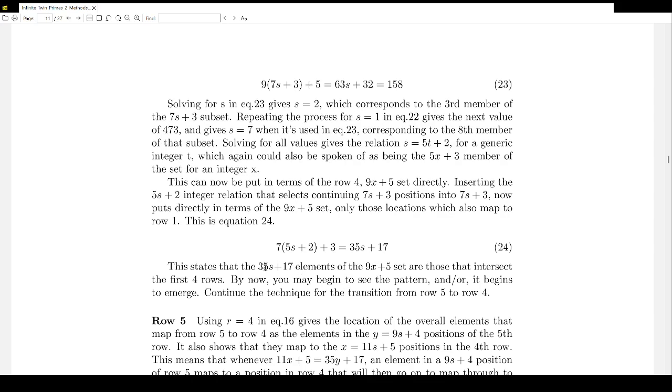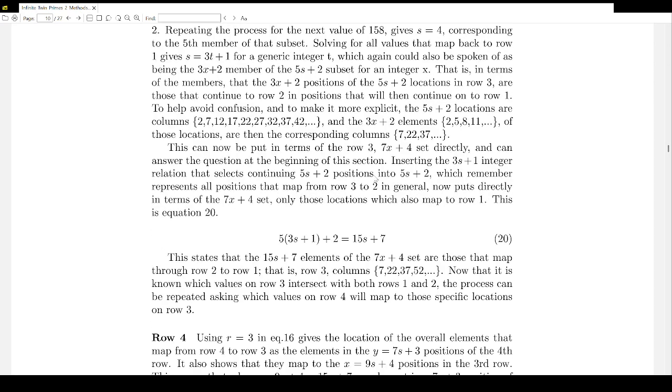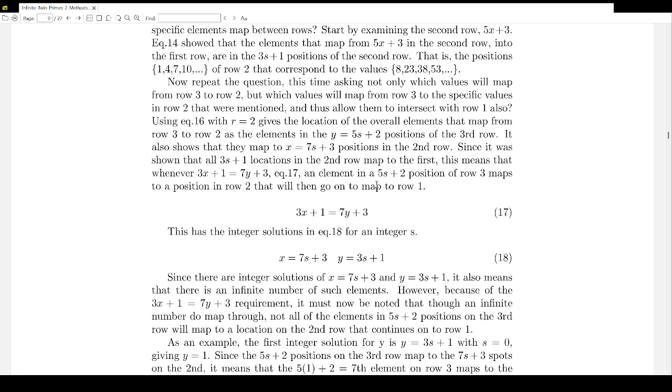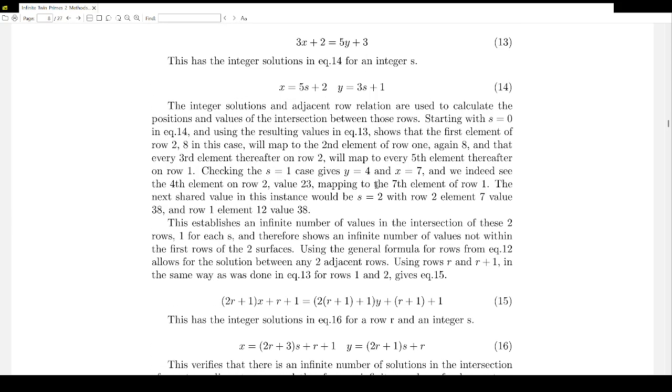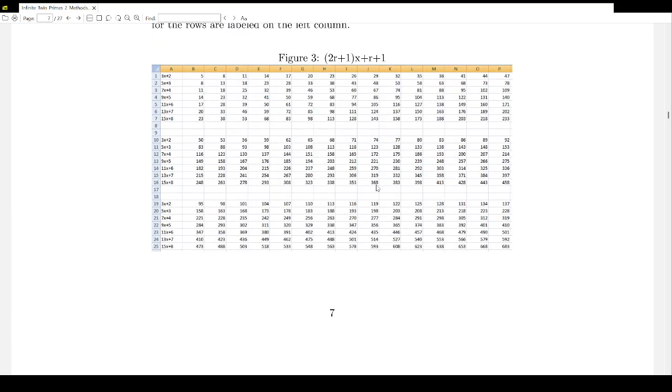If I was to take this 35s plus 17 and come way back here, let's get back there for a second. For this 4th row, 1, 2, 3, 4, 5, 1, 2, 3, 4, 5, 6, 7, 8, 9, 10, 11, 14, 15, 16, 17.